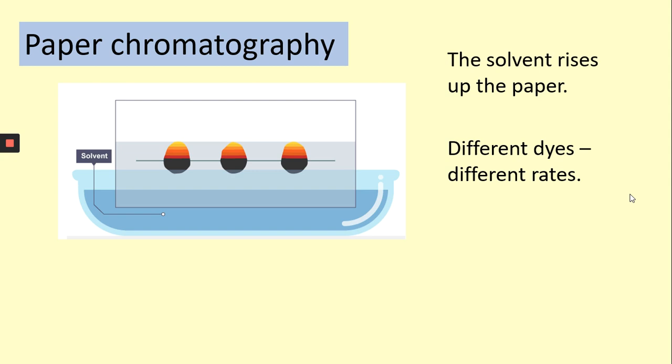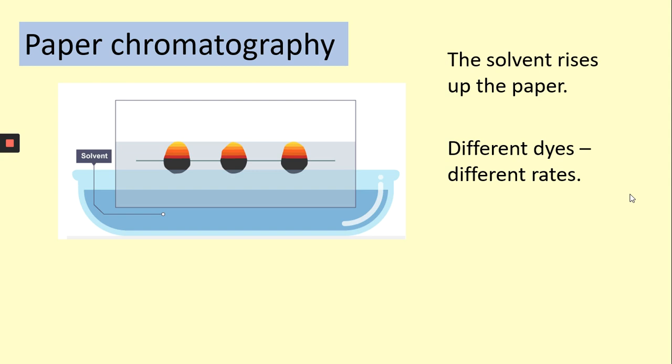So in paper chromatography, the solvent rises up the paper and it takes the dyes with it. Different dyes travel at different rates in different solvents. Let's say I was looking at a particular food additive and I put it on my baseline and I try it with one particular solvent. I then also do another solvent with the same food additive.